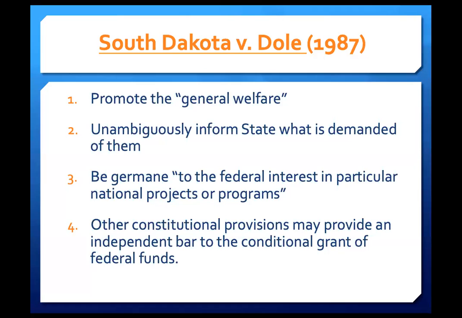And since 1937, the Supreme Court has not invalidated any federal tax on the grounds that it is an attempt at regulation and therefore beyond the enumerated powers of Congress.